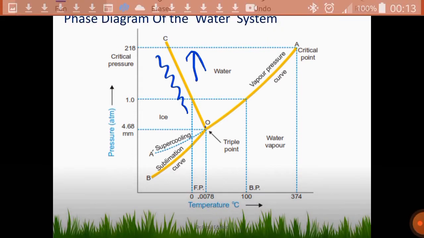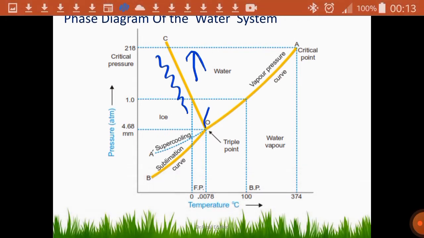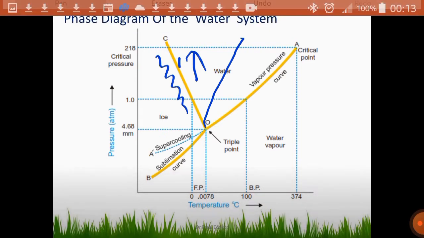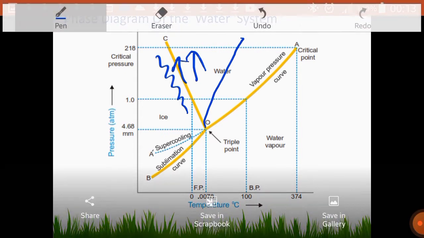If you take any other substance like metals, this freezing point line will be like this. That means the freezing point increases with increasing pressure, but here the freezing point decreases slightly with increasing pressure. That's what this line represents. That is the speciality of water.